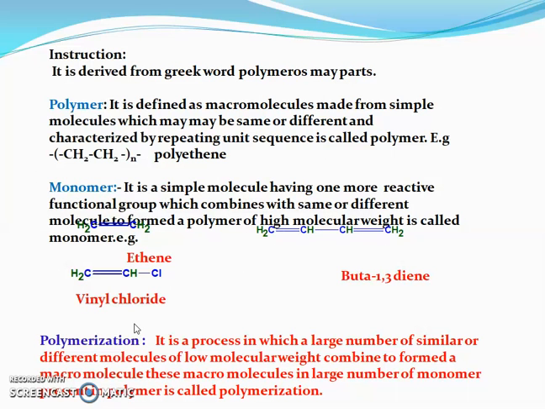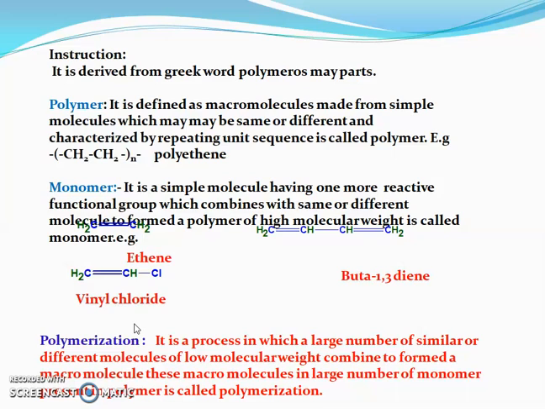The word polymer is derived from the Greek word polymeros. Poly means many and meros means parts. The word was originally introduced in organic chemistry by Berzelius in 1853. Now let us define the polymer.